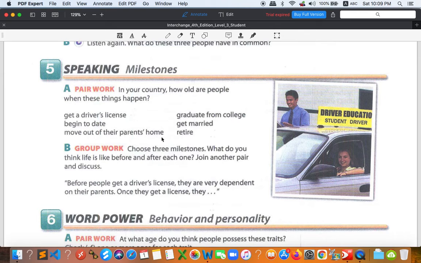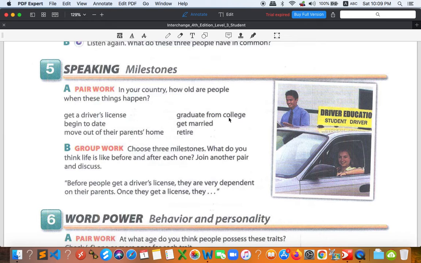Ask yourself. Next one, graduate from college. It depends. Sometimes you start school late, then you are around 20 or 21, sometimes 22, 23. If you have money, then you can continue. But if you don't have money, sometimes you have to wait until you get a job and then use that money to support your study. So it depends. But usually we finish somewhere at the age of 20, 21.